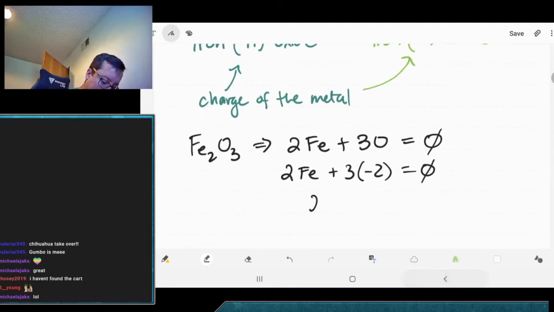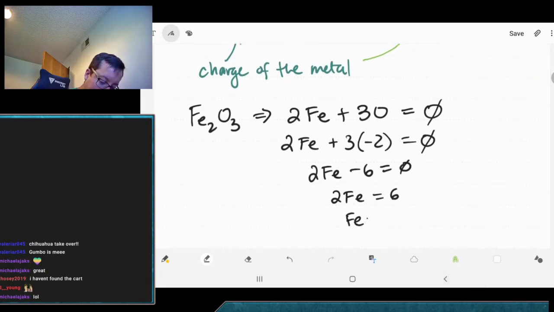Doing the math, 2 irons -6 equals 0. So 2 Fe equals 6. Fe equals 3. Or more specific, +3. And so we can get the charge of the metal that way if we want to just do a little bit of algebra.